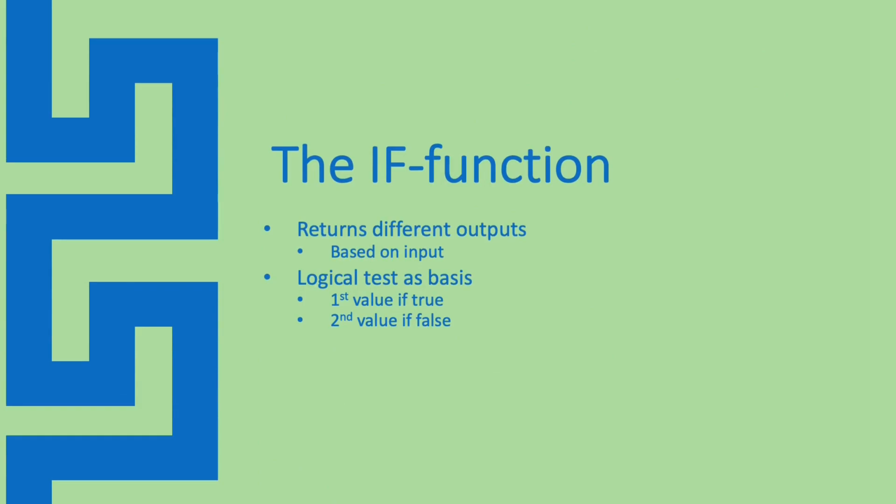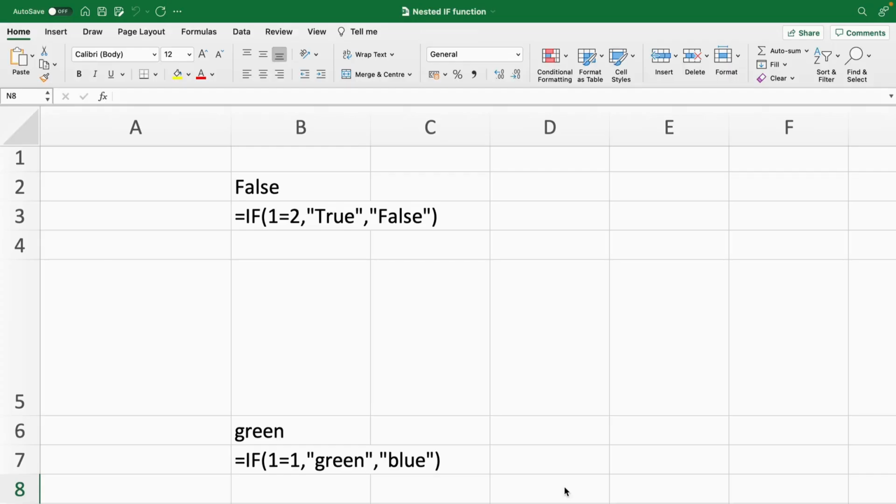The if function is a useful tool that returns different outputs given an input. Generally speaking, if functions have three components. First, a logical test, an equation either returning true or false. Those can be simple statements, as we can see right here, but can also include cell references or longer mathematical formulas.